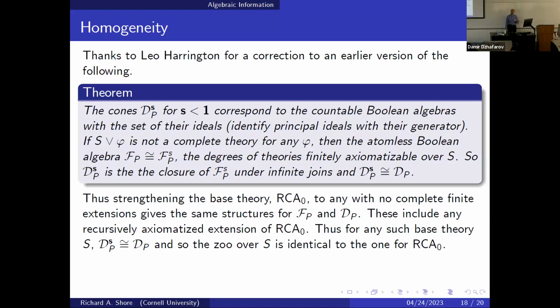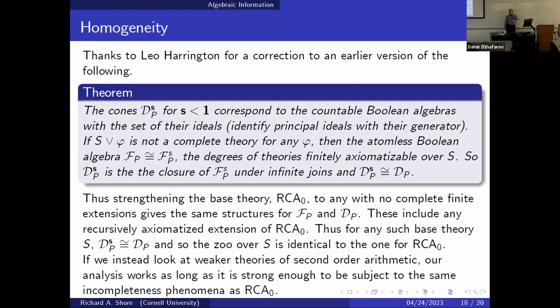And therefore, strengthening the base theory to any recursively axiomatizable theory doesn't change the structure of reverse mathematics relative to the base theory. They're isomorphic. So the zoo that we had over RCA naught is not in any way changed by strengthening the base theory, any reasonable base theory.